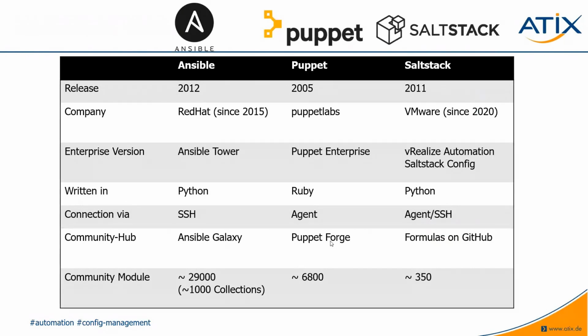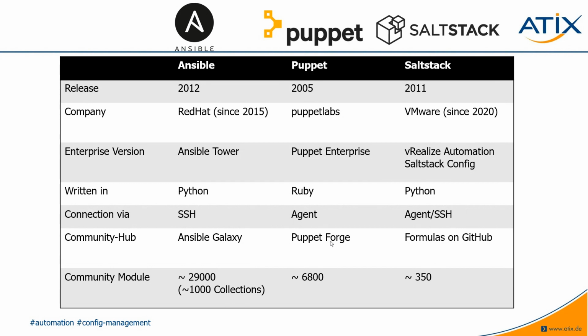This means that everyone who used SaltStack Enterprise before now has to switch to a VMware subscription, and VMware integrated SaltStack, the enterprise SaltStack, into vRealize. The tools themselves still use a common programming language. This is Python for Ansible and SaltStack, and Ruby for Puppet.